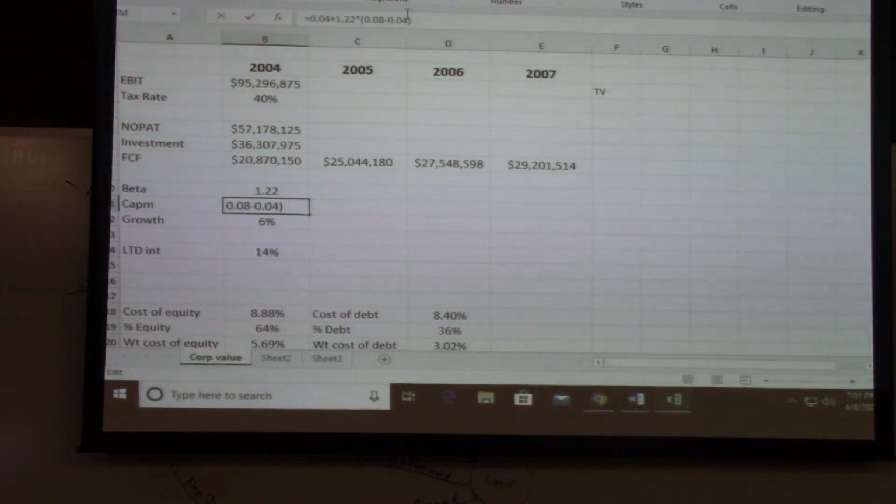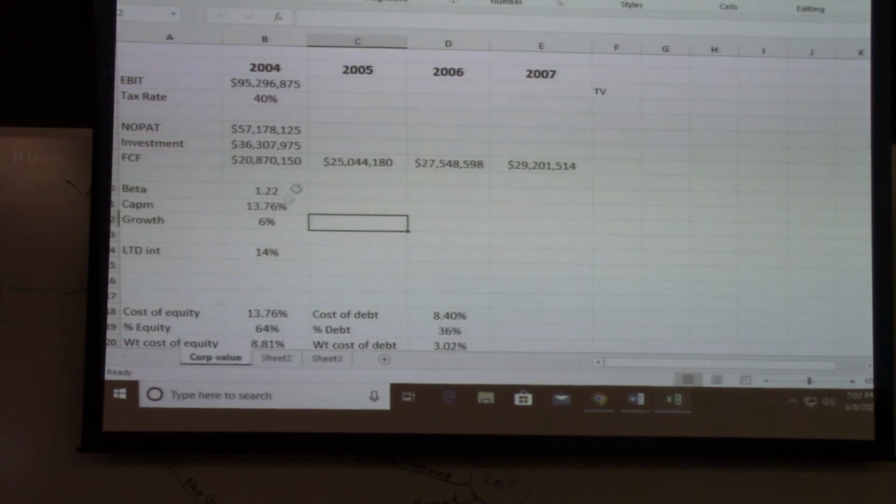The risk premium is the expected return of the market minus the risk-free rate, so by subtracting the risk-free rate of 4%, we're double counting the risk-free rate, and we don't need to do that.